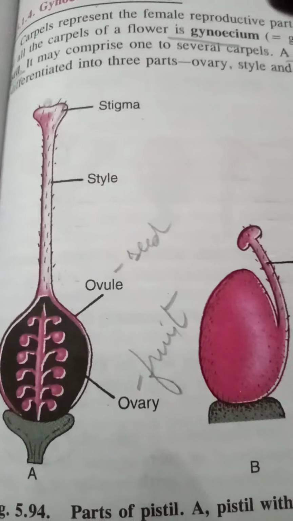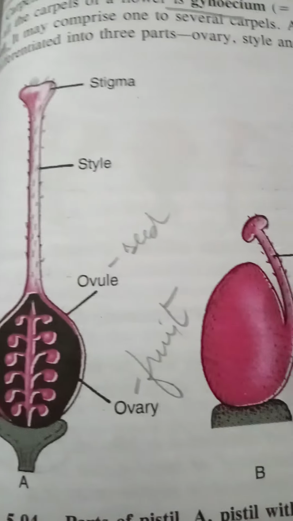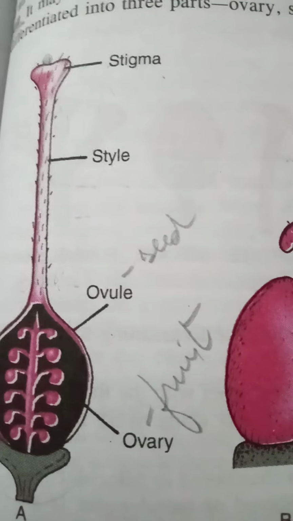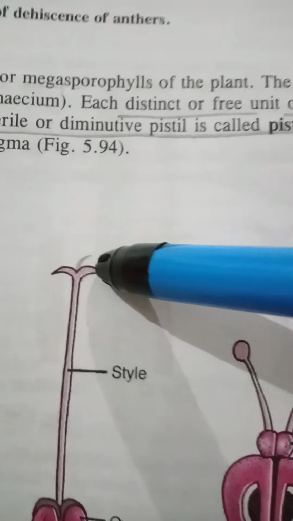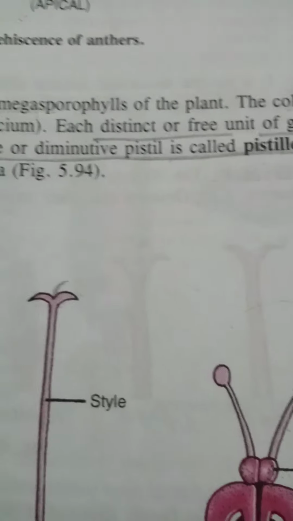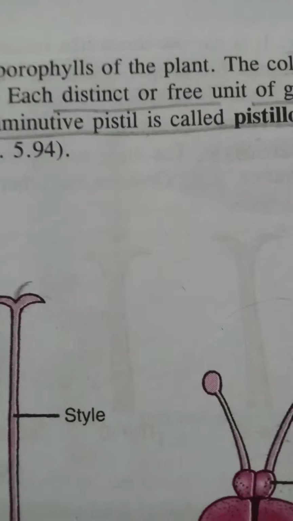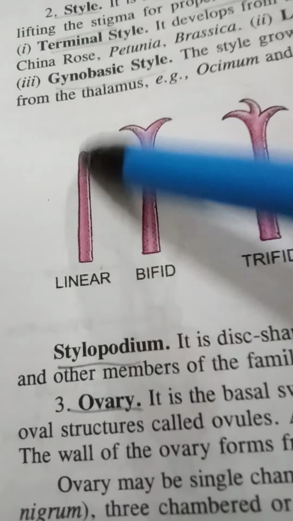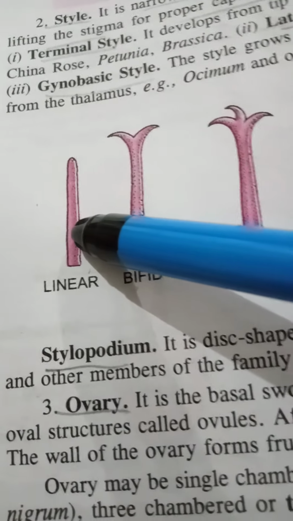pistil or carpel. Okay, now the stigma may be of different types. Sometimes the stigma may be two forked, then we call it a biforked stigma. Sometimes it may be three forked, trifid. Again, it may be linear type also, a thin structure.